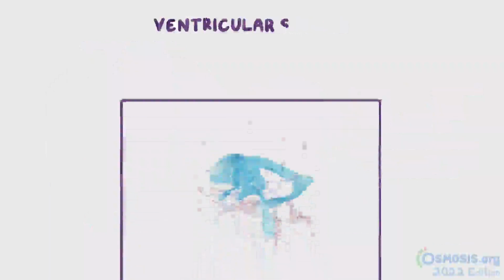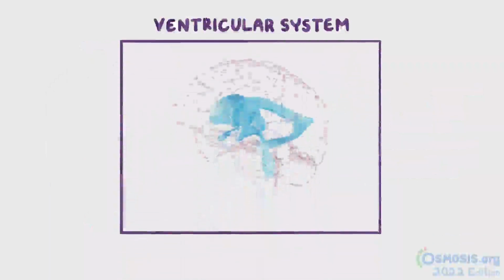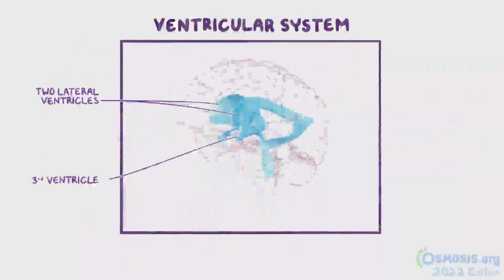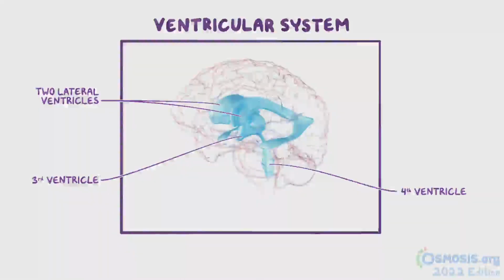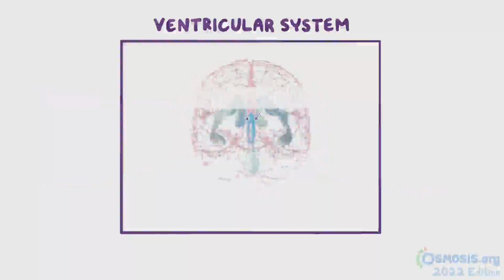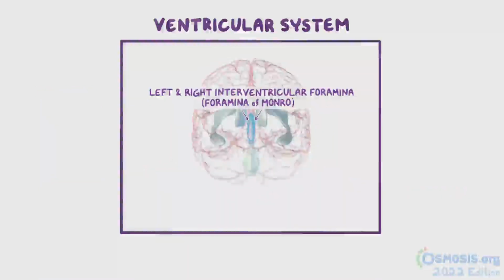Now, the ventricular system consists of 4 ventricles: 2 lateral ventricles, the 3rd ventricle, and the 4th ventricle. CSF flows from the lateral ventricles through the left and right interventricular foramina, also called the foramina of Monro, to the 3rd ventricle.